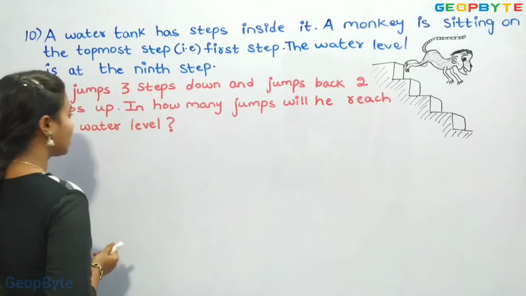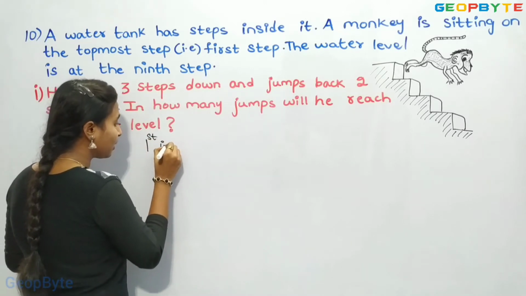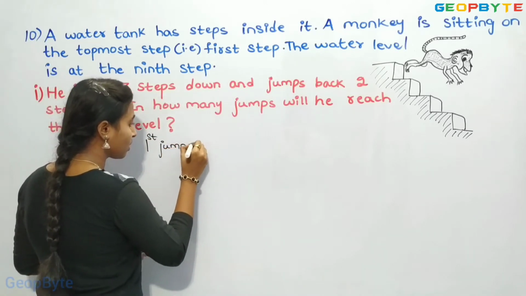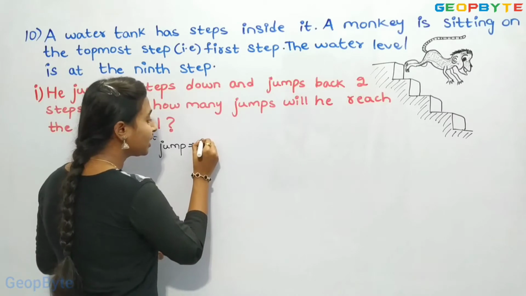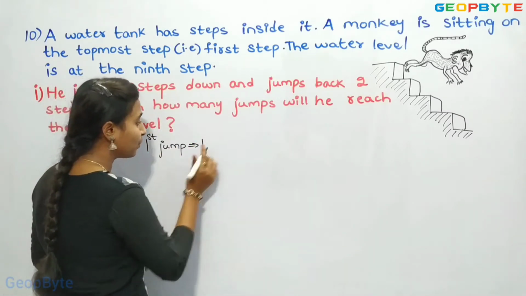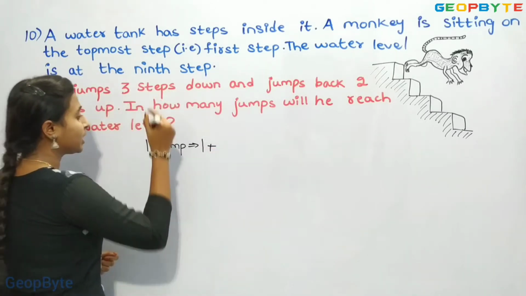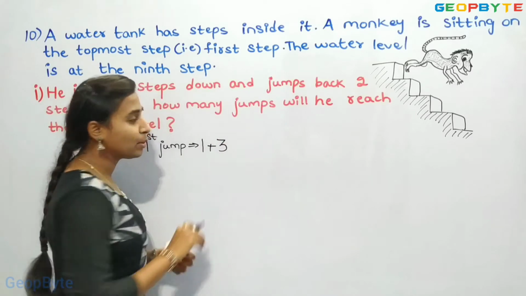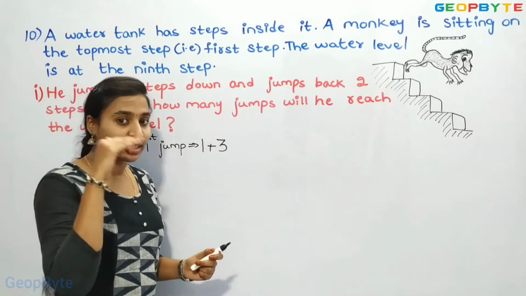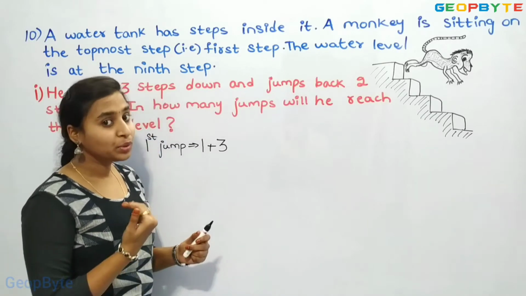That is, now, in the first jump, initially the monkey is at the first step. So, in the first jump, he jumps 3 steps down. Remember, he jumps 3 steps down, 2 steps up.